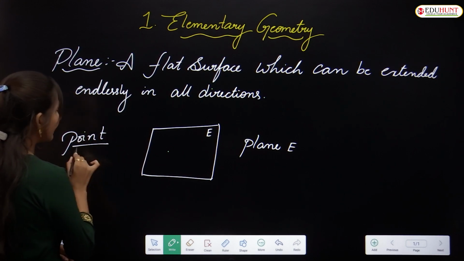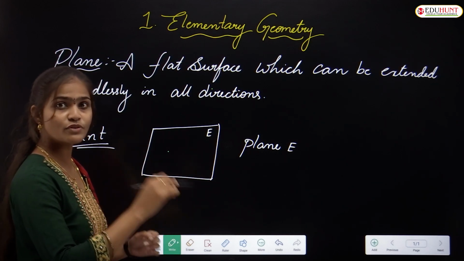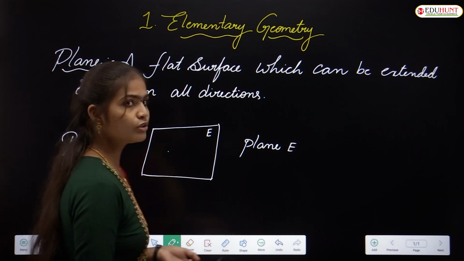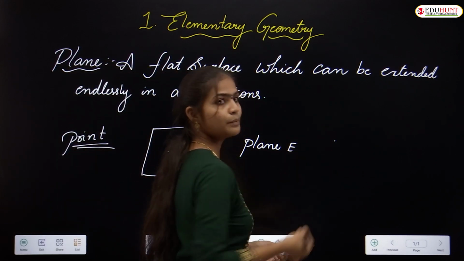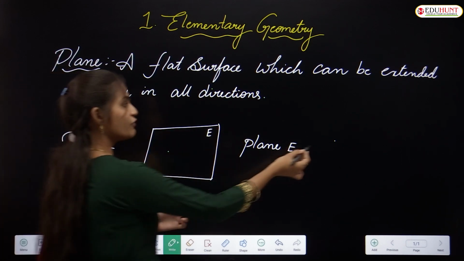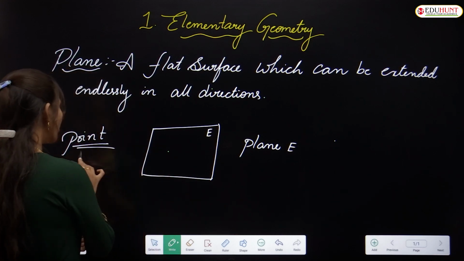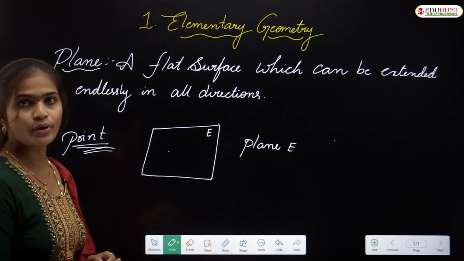By starting, whatever you want to draw, first you have to keep some point, then only you can draw. So first the figure you keep is a dot. That dot, in geometry, we will call a point.